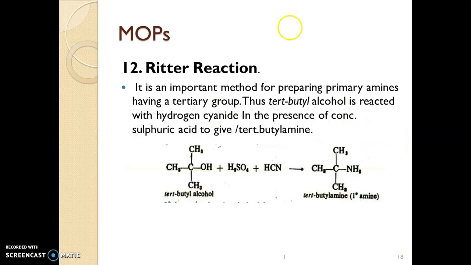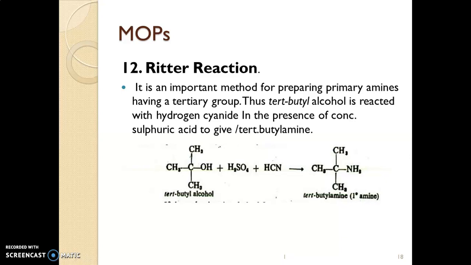Now next reaction is Ritter reaction. It is an important method for preparing primary amines having a tertiary group. So tertiary butyl alcohol is reacted with hydrogen cyanide in the presence of concentrated sulfuric acid to give the tertiary butylamine.